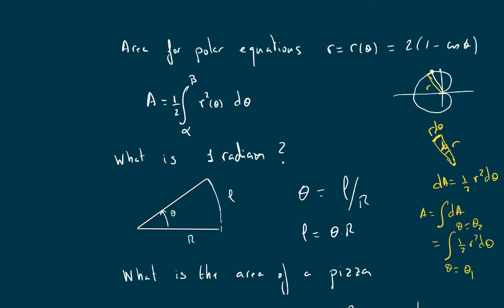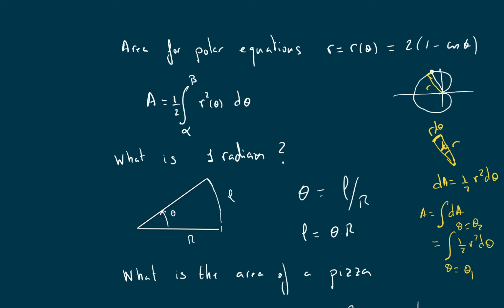So first of all, let's see what 1 radian is. When you have a circumference like this one, you cover the length L through the radius r. This is the radius r. So the radius r is rotating an angle theta.